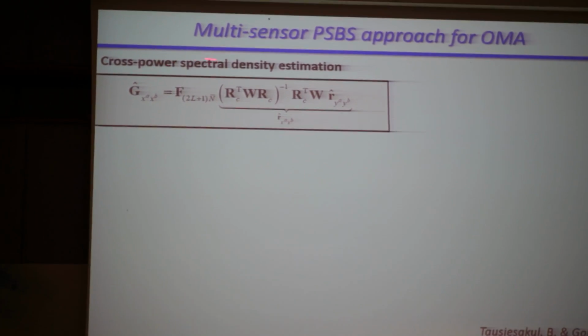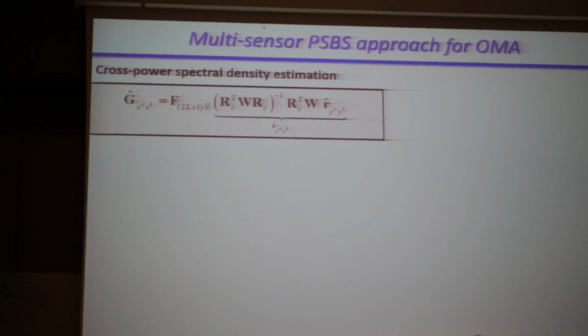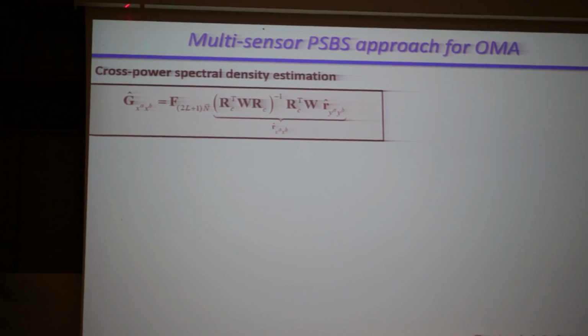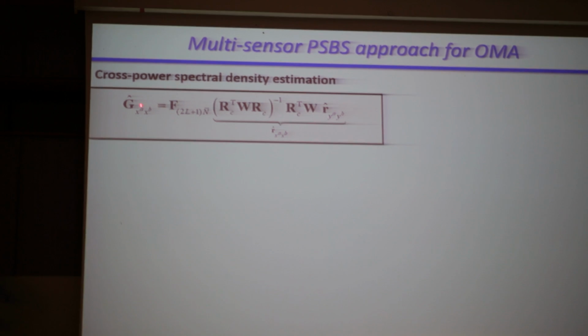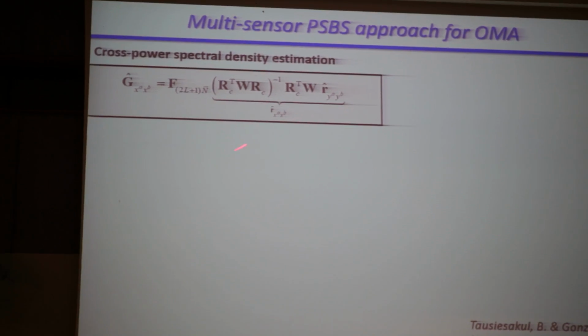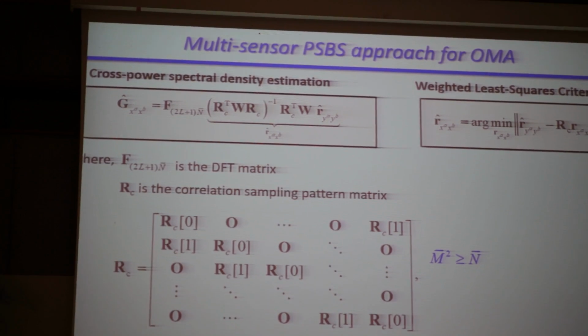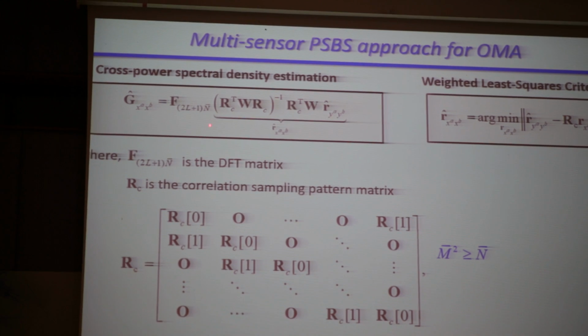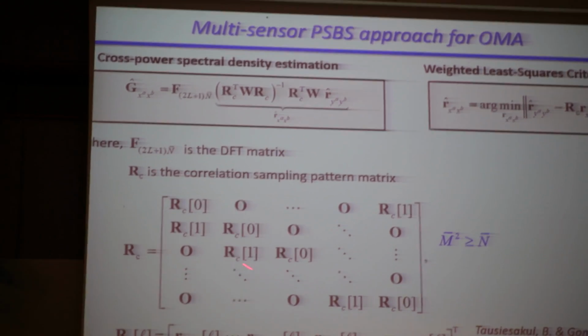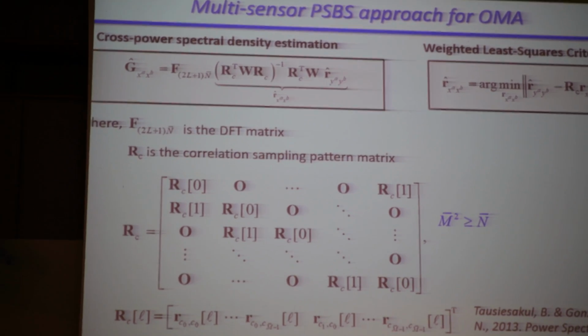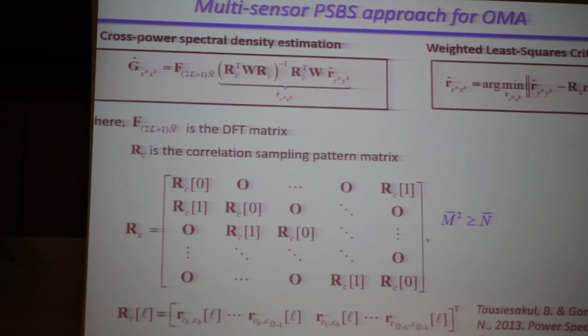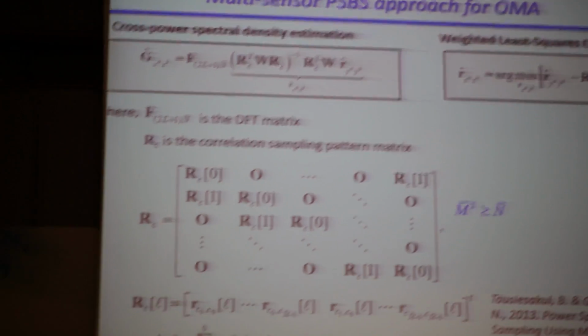then we can estimate relatively easily the power spectral density matrix through this pseudo-inverse. And the good thing about this is that this sampling R matrix is very sparse, and it's efficient to do that.